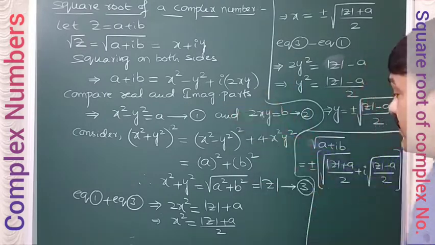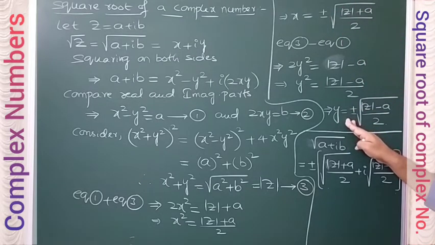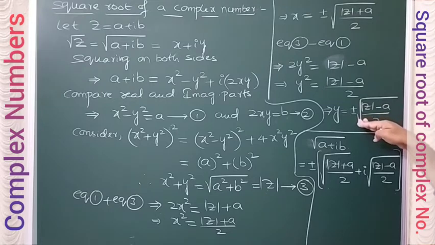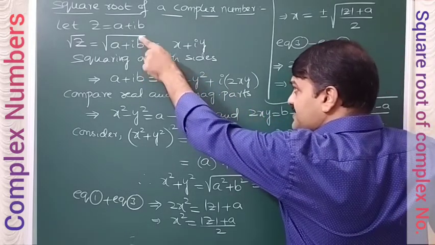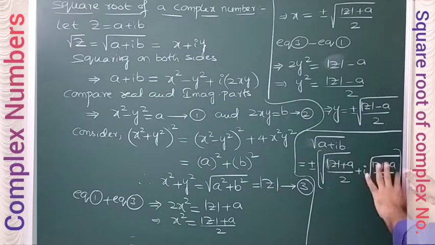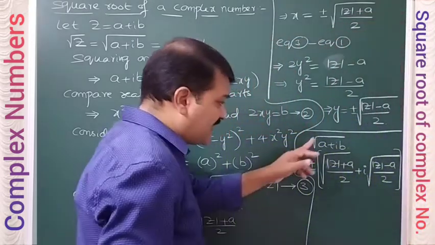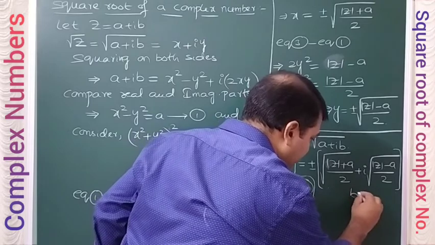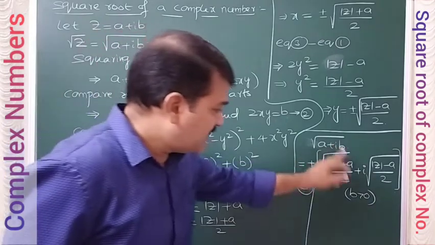If you take plus here, you have to take minus there, and if you take minus here, you have to take plus there. So for opposite signs, simply write minus in between the terms, and automatically these two will have opposite signs. You have to remember that this formula is applicable if b is positive, that is, if the imaginary part is positive.